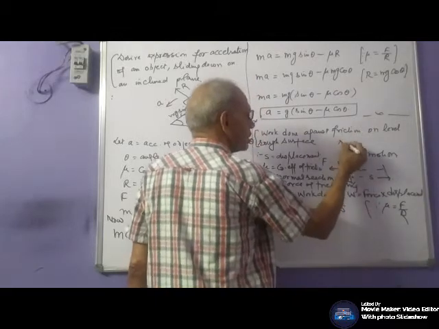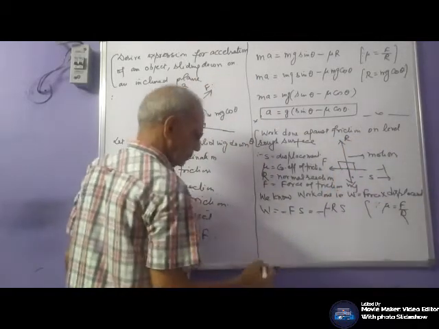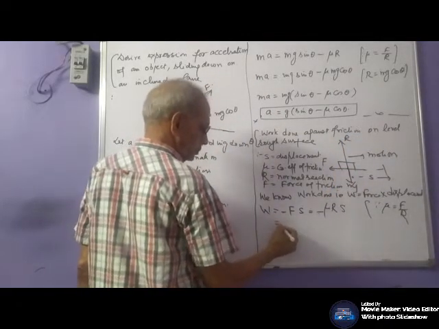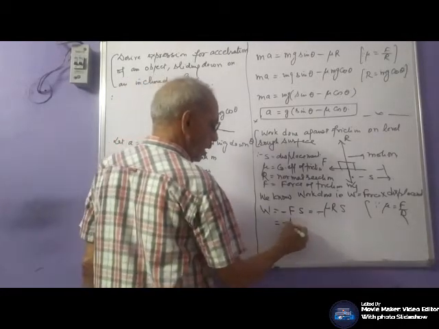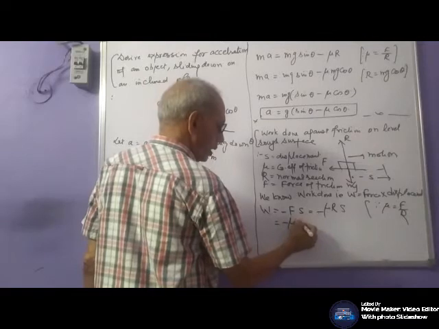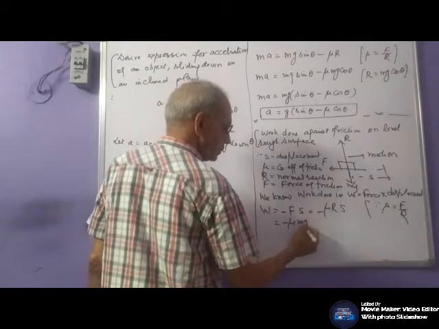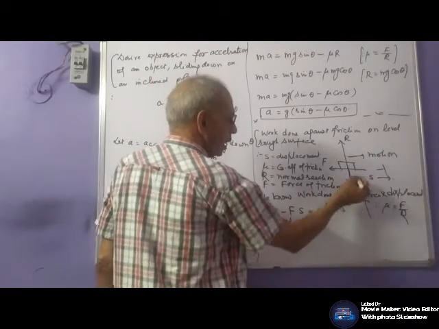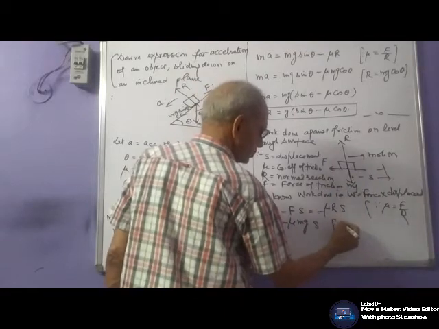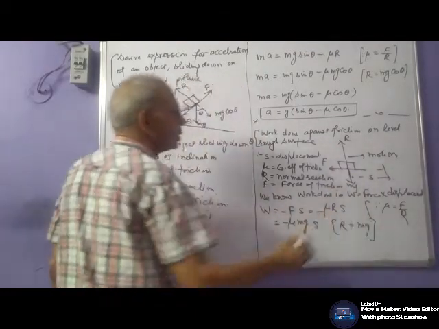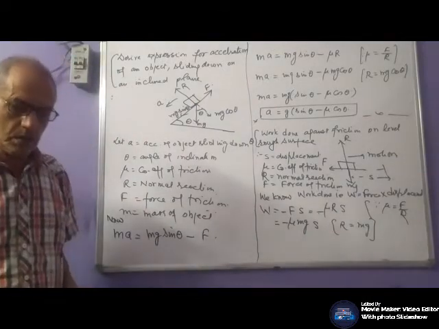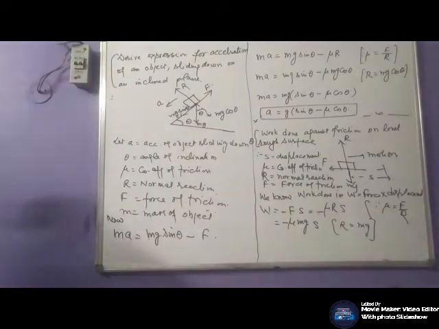Here it is normal reaction. Minus mu R. R is what? R is mg. s. R is mg. So this is work done against friction on level.